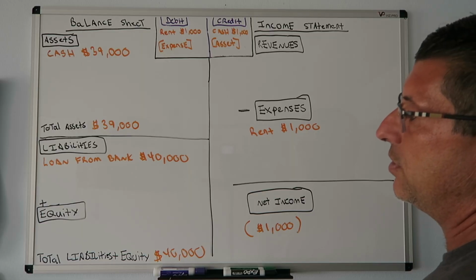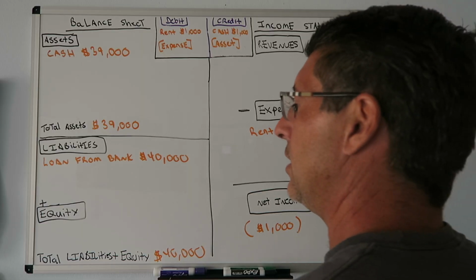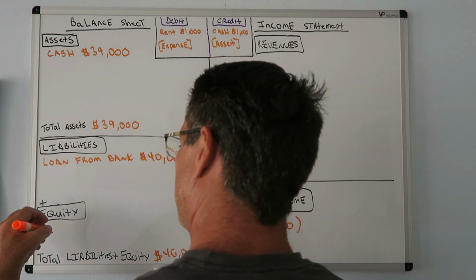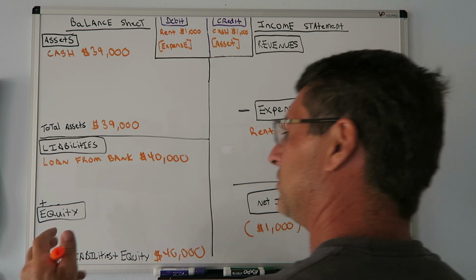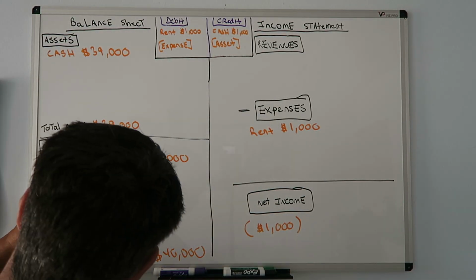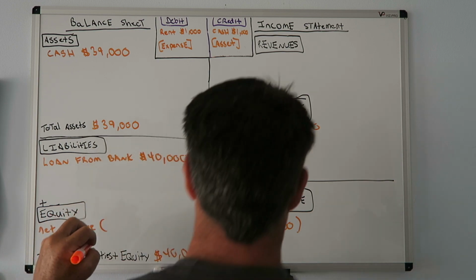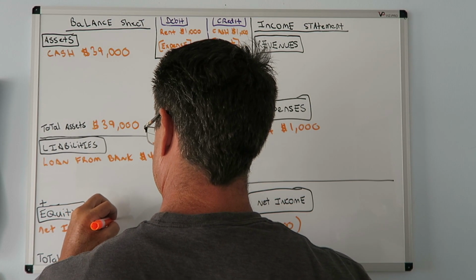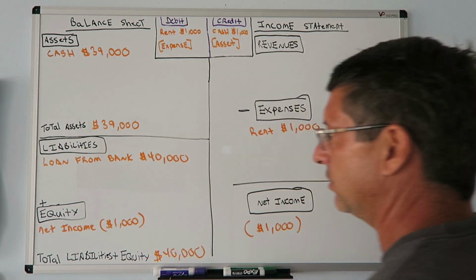And under equity, we have net income that flows over from the income statement. Our net income is, unfortunately, negative, signified by the brackets, $1,000.